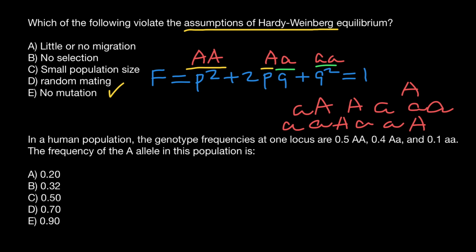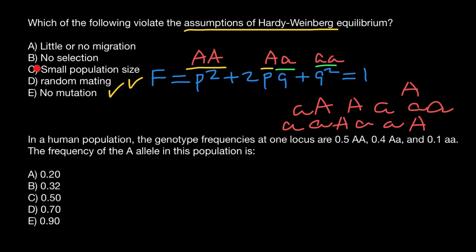For example, let's say some animals with large horns prefer to mate only with those with large horns. Then the frequency of the genotypes of those with small horns would gradually decrease from generation to generation. So there has to be random mating in order to meet the requirements of the Hardy-Weinberg equilibrium.